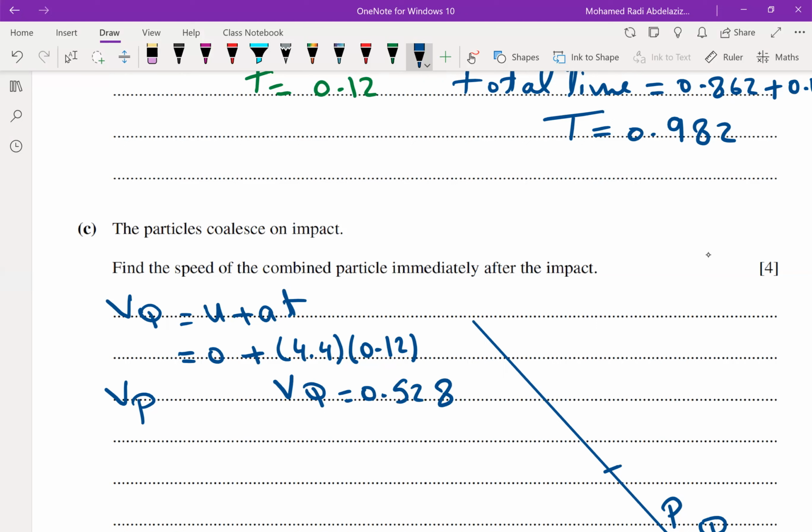Now, velocity of P. Velocity of P, U plus at.